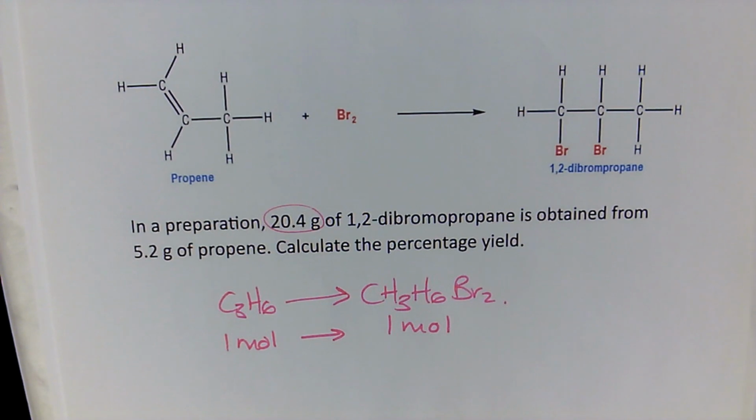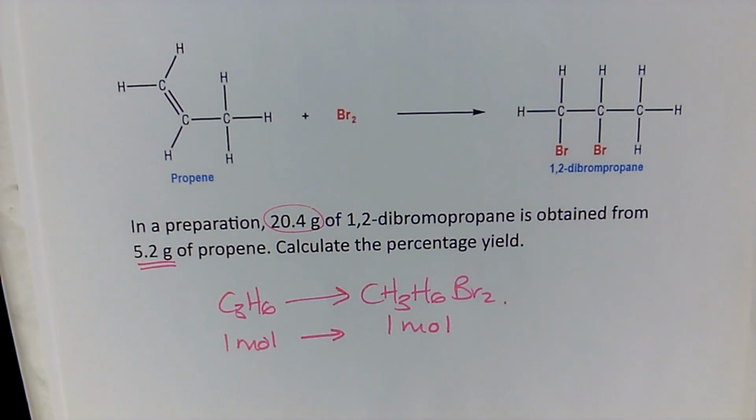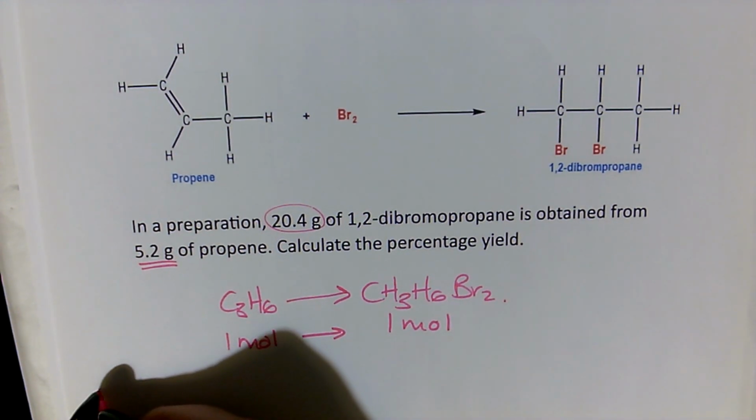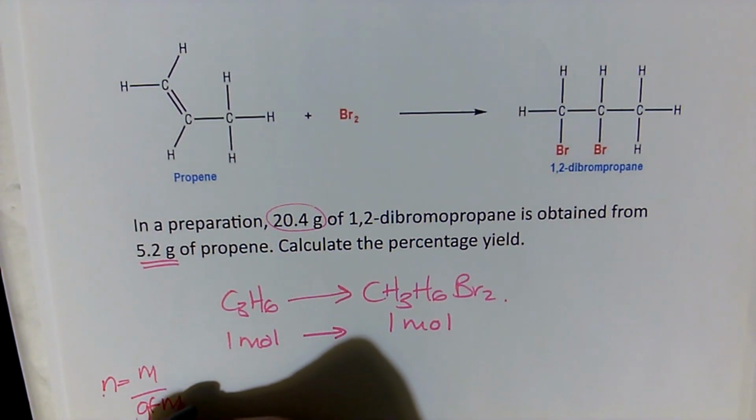That is our actual yield, how much we're saying we've obtained, and we're going to use our 5.2 grams of propane, our starting material, to work out the number of moles for the mole ratio. So number of moles equals mass divided by gram formula mass.